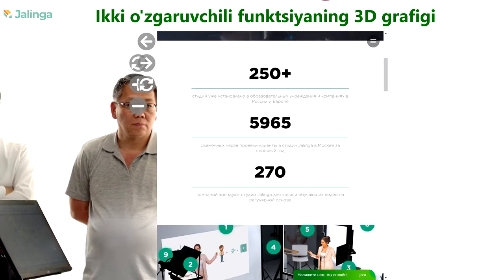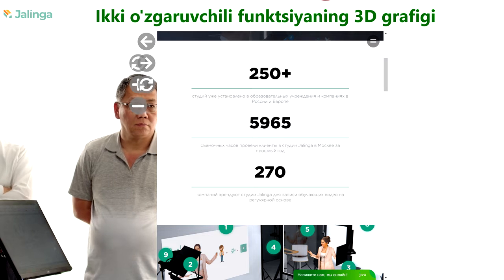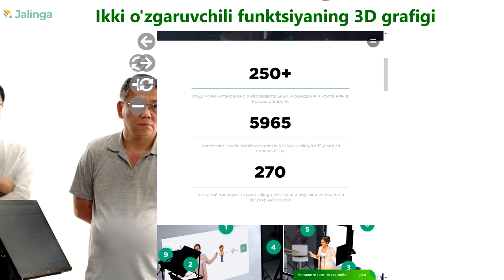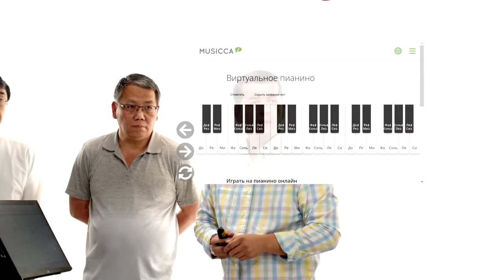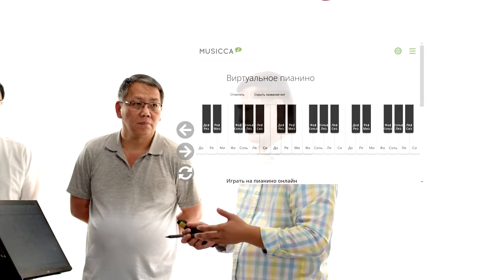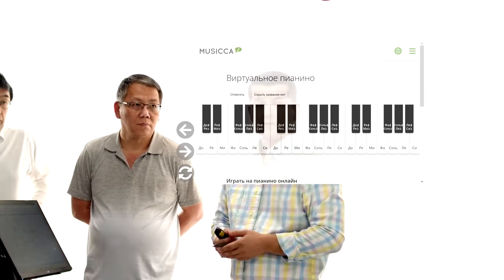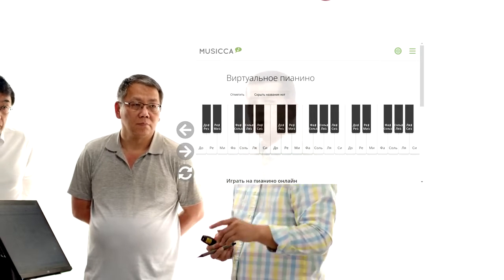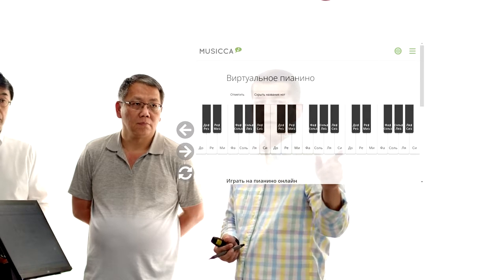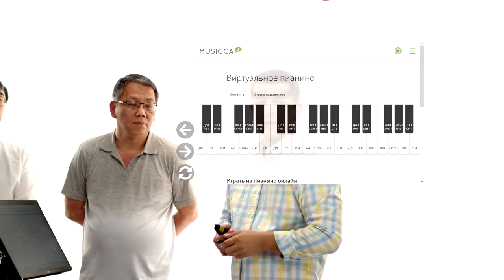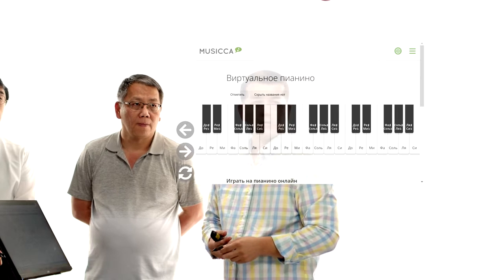For example, even here using the customer service. Here we go. For example, if we have some instruments in the websites, we can even use like a piano, the music teachings.